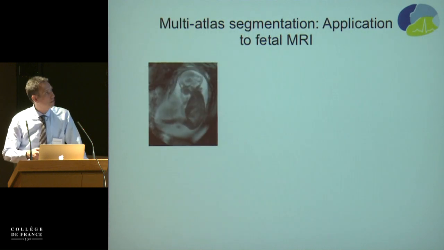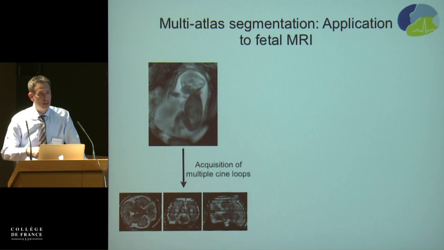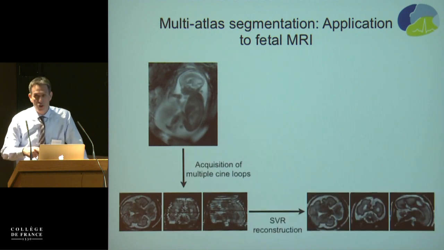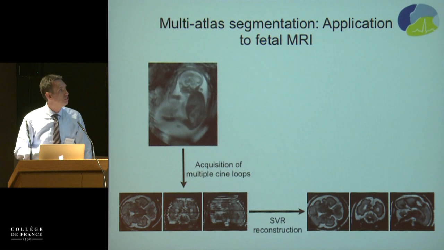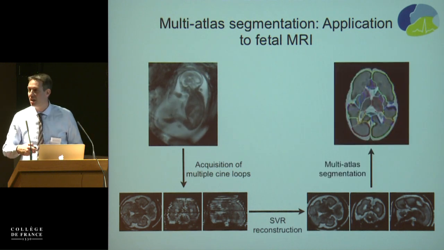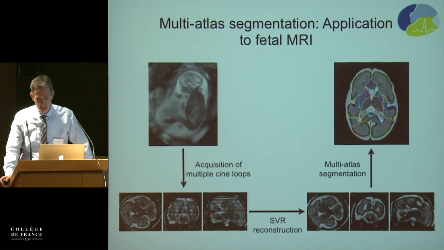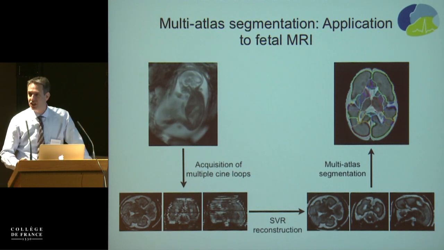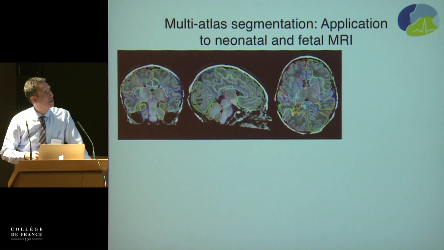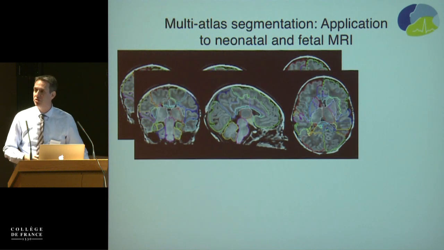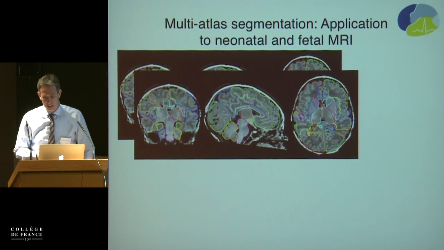So the pipeline we have at the moment is we acquire our data in these multiple cine loops, we perform the reconstruction I've just shown you, and then we can also do our multi-atlas segmentation, which I also showed you earlier. So we're going to take multiple neonatal atlases, which we have generated with our clinical collaborators.